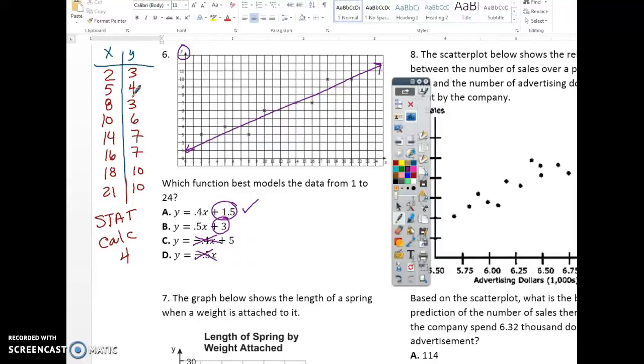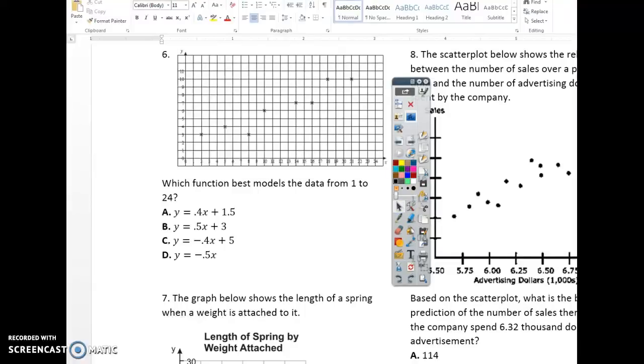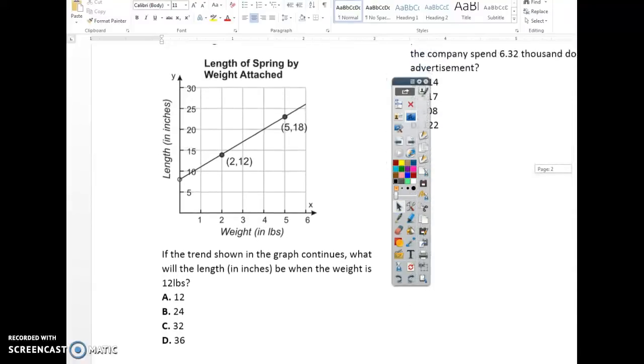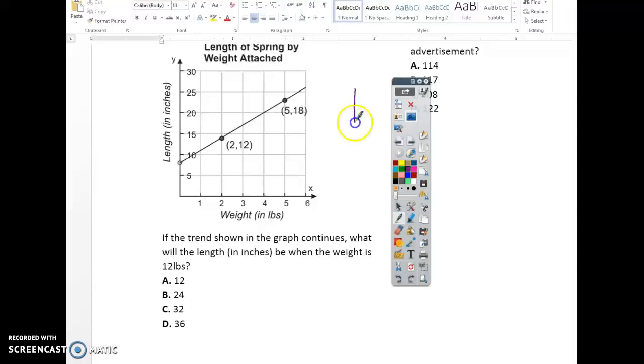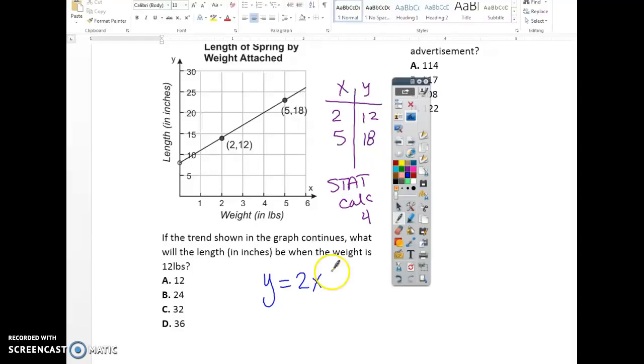Okay, problem number 7, StatCalc 4. $2, $12, $5, $18. StatCalc 4. Get the equation, which is y equals 2x plus 8. Okay, and it's asking you at 12 pounds, so we need to go look for 12.